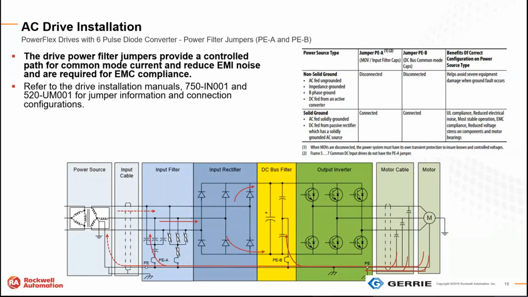If these jumpers are left in, it will try to make it back through the drive and can cause catastrophic failure to the drive. It can cause nuisance tripping, and it can cause ground fault tripping of the drive as well. So lots of nasty things happening there.